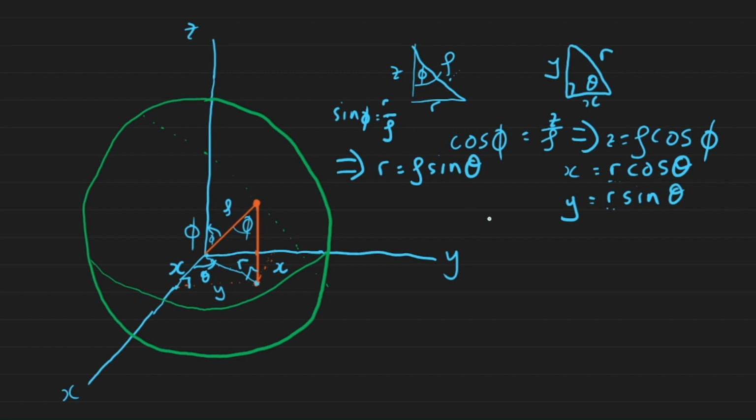So we can do our conversions now. We can simply see that x is equal to, we substitute in rho sine phi for r. So x now becomes rho sine theta multiplied by, instead of theta here, it should be phi. My apologies.